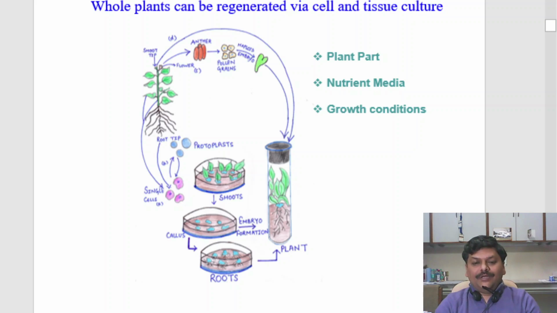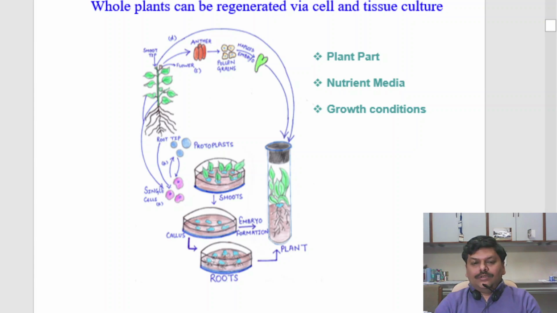That means many plants can be developed from one single source of a plant. When we use this plant part, it is collectively called an explant. So when I listed roots, stems, leaf buds, all these are collectively called explant.